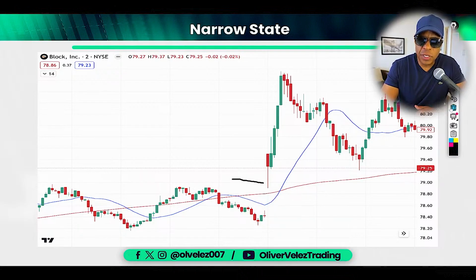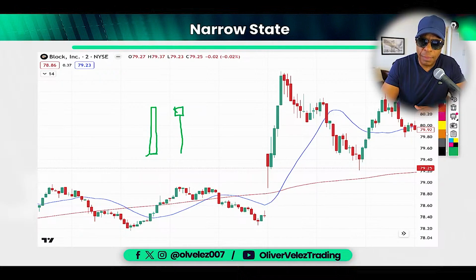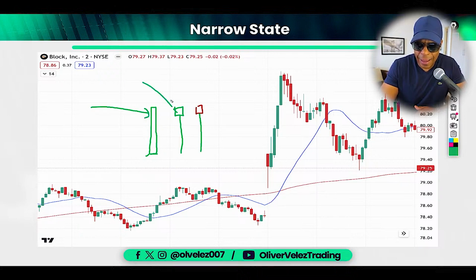There's elephant power, and there's tail power. Tail power can be red tail too, like this. Doesn't matter. If the tail is at the bottom, it's still bullish.